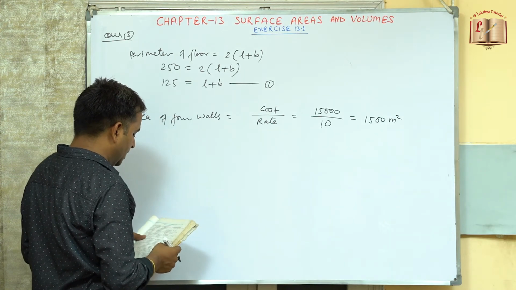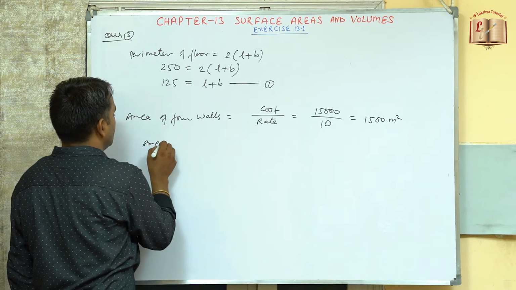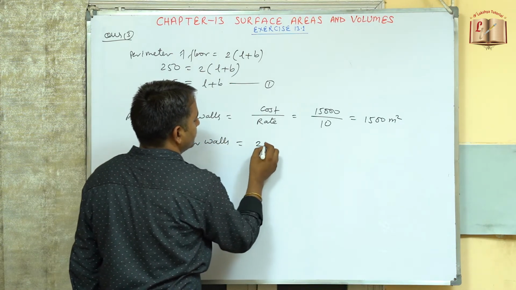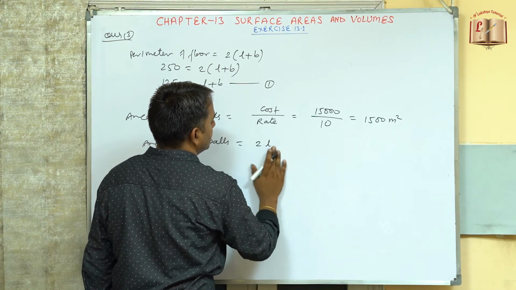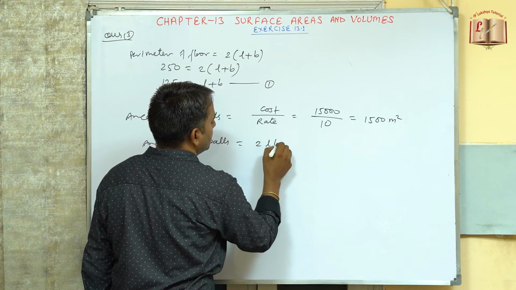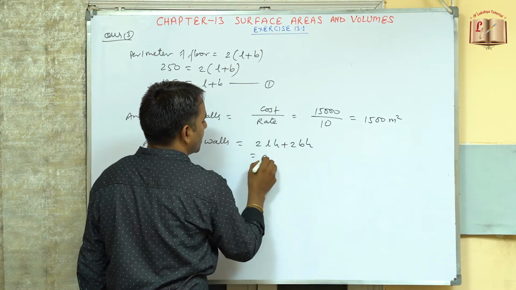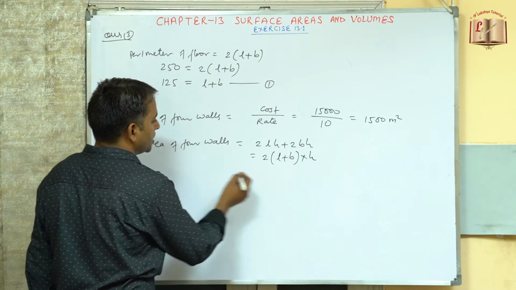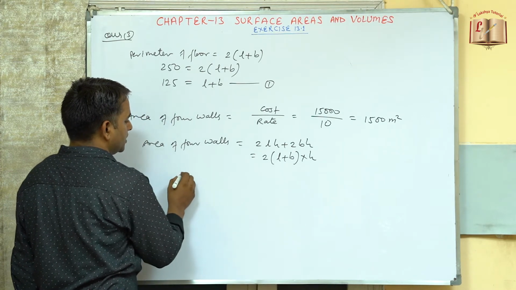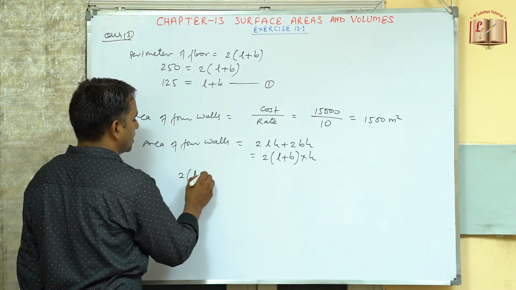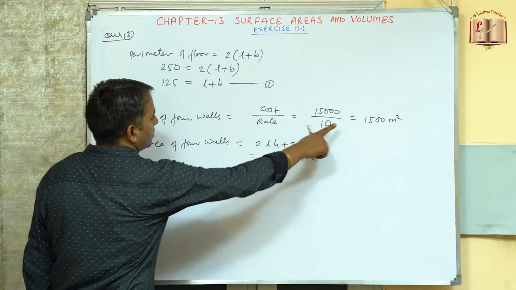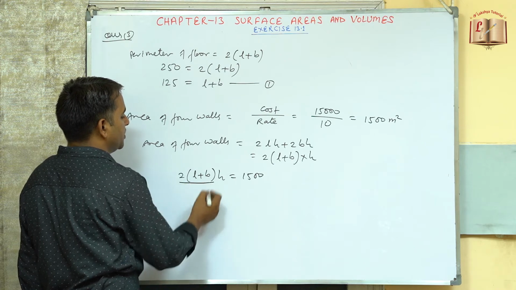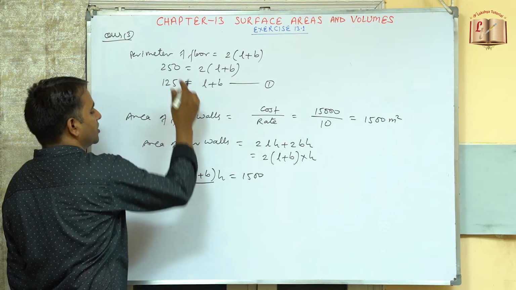Now we need to find out the height of the hall. We know the area of 4 walls, which is equal to 2LH plus 2BH, or we can write 2 times (L plus B) into H. Equating it, 2 times (L plus B) into H is equal to the area, which we have already got as 1500. The value of 2 times (L plus B) is already given to us as 250.